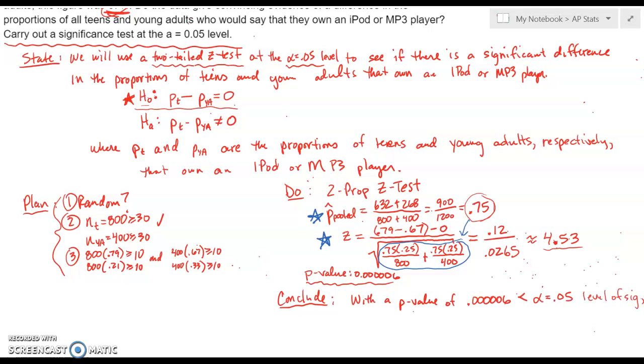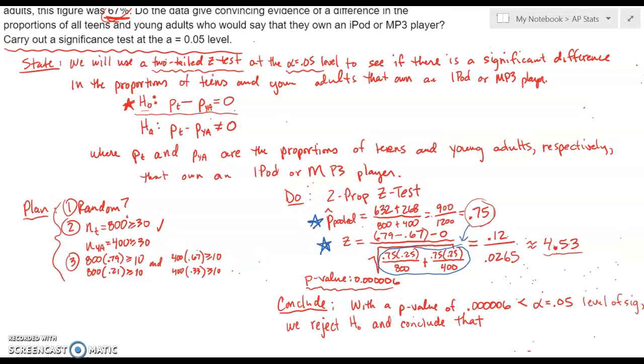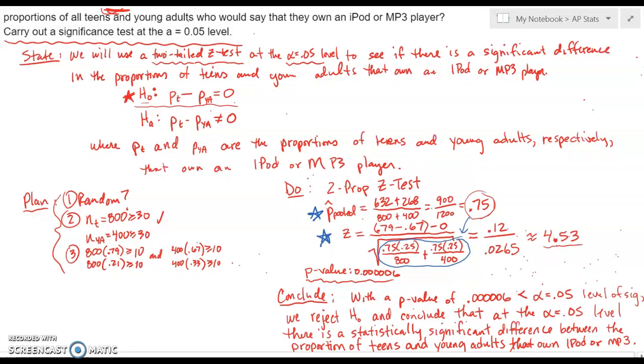With a p-value of 0.000006 less than our alpha level of significance of 0.05, we're going to reject the null hypothesis that there is no difference and conclude that at the alpha equal 0.05 level of significance, there's a statistically significant difference between the proportion of teens and young adults that own an iPod or MP3 player.